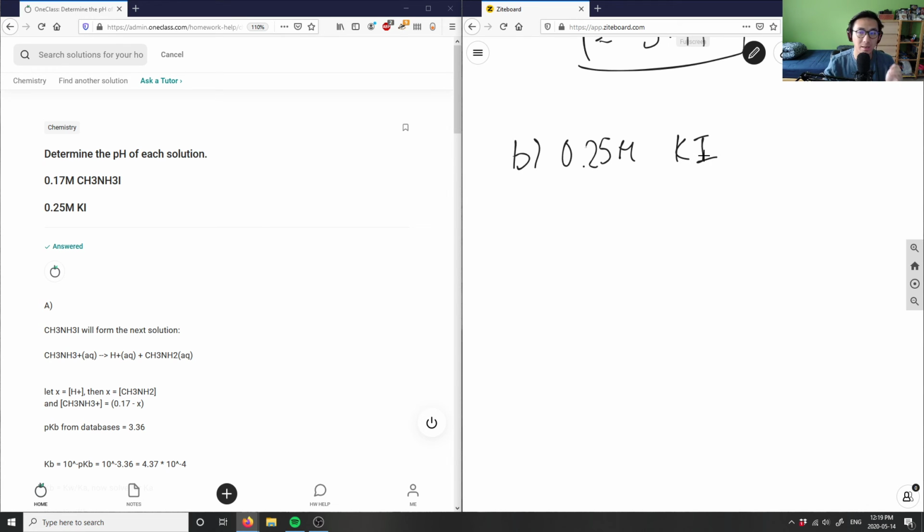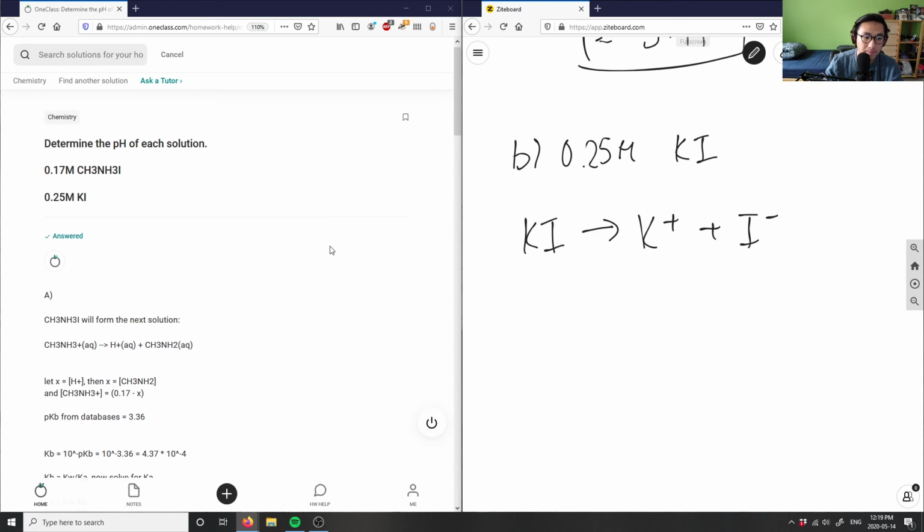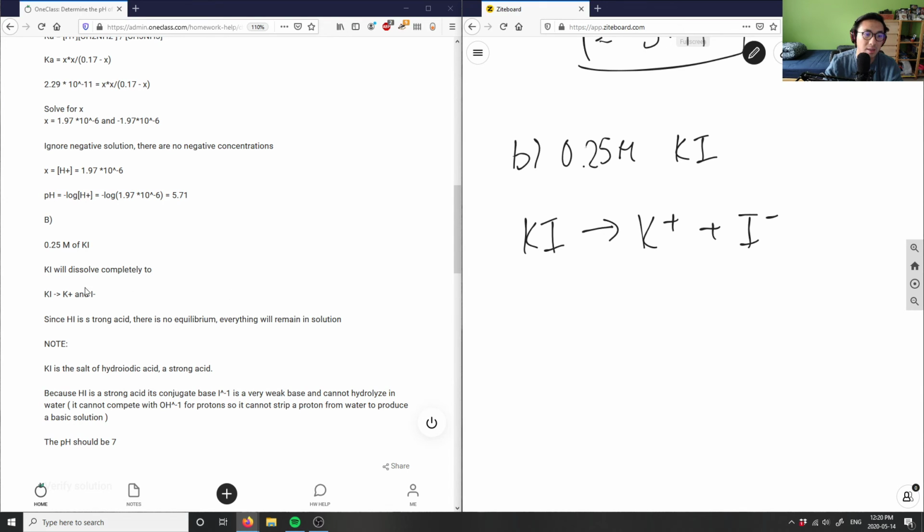KI here is an ionic substance, and I believe it's going to be a strong acid. The reason I know this is because KI is going to dissociate into our K plus ion plus our I minus ion, right? And I'm pretty sure they dissolve completely because it's an ionic substance.